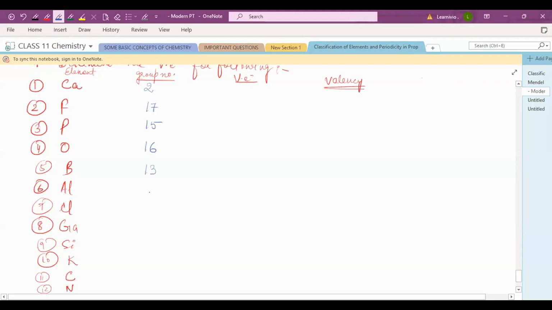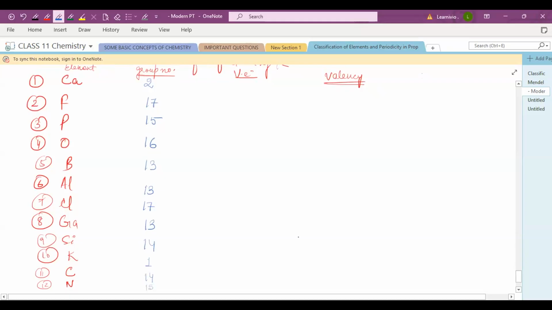Aluminium, again 13. For chlorine, 17. Gallium, 13. Silicon, 14. And potassium is an alkali metal, so it's first. Carbon, 14th group. And nitrogen is 15th group.